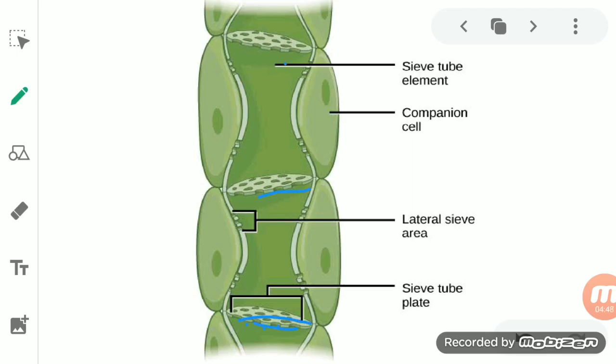Because it has small openings all over, and this plate-like structure which is formed in the sieve tube of the phloem is known as a sieve plate.